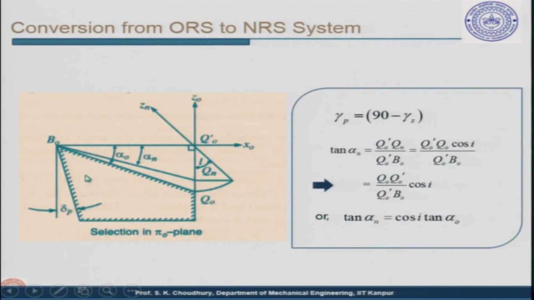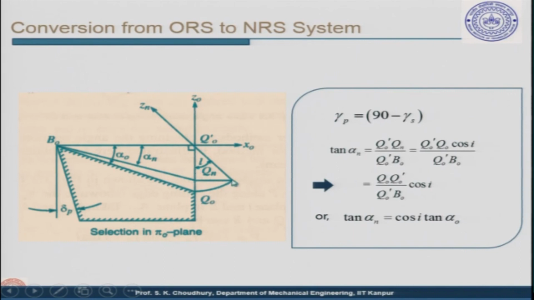So, once again, how can we convert this tool to a tool which is in the normal rake system? We are projecting this on the axis which is inclined to the Z0, Z0 is in the orthogonal rake, by an angle of I, the inclination angle.